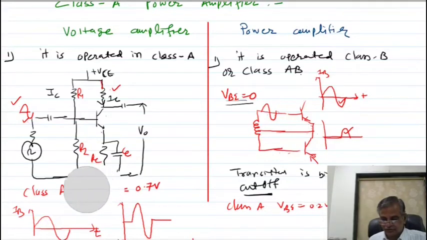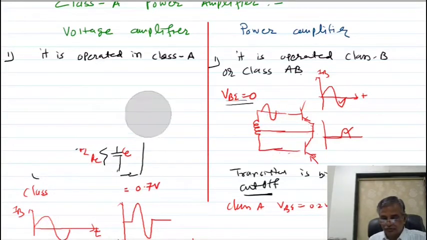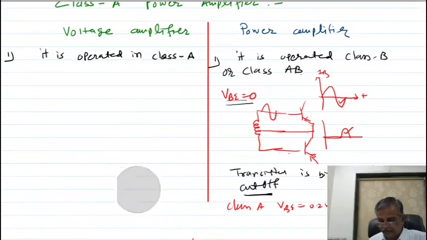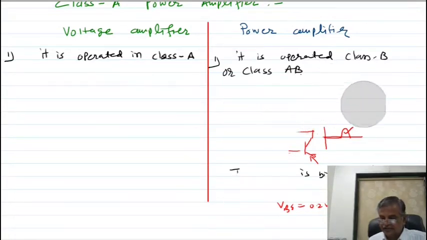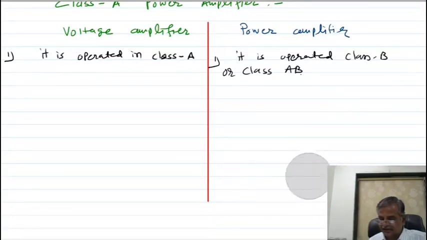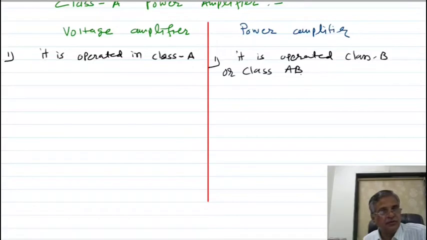In a voltage amplifier, the transistor is operated in class A mode. In a power amplifier, the transistor is operated in class B or class AB mode. First difference I am telling.